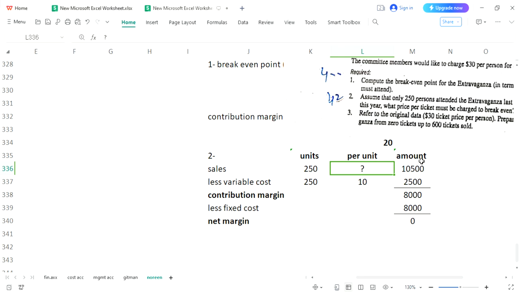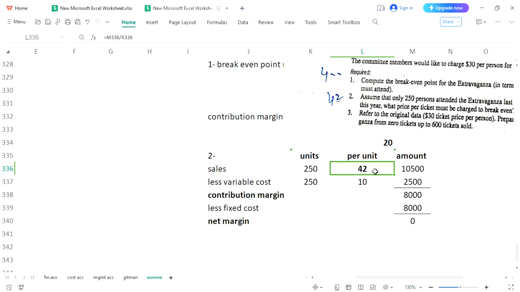So the amount was 10,500 and it would be divided by units 250. So you have got your per unit. This is the answer that has also been mentioned over here.